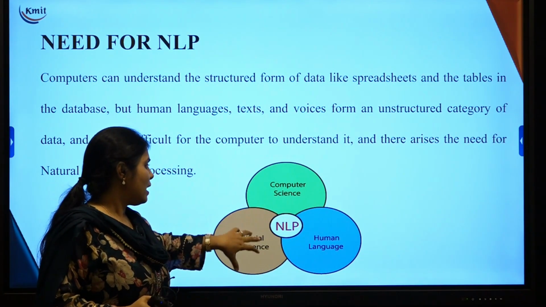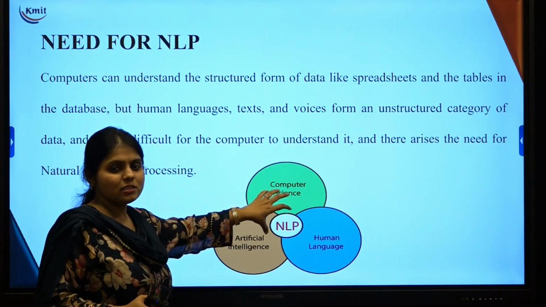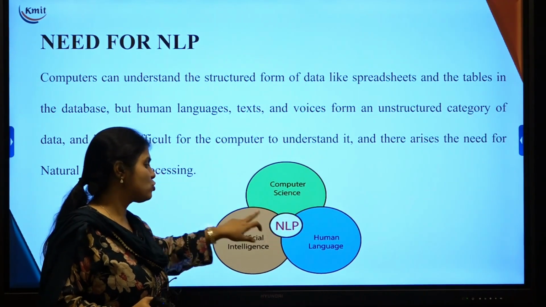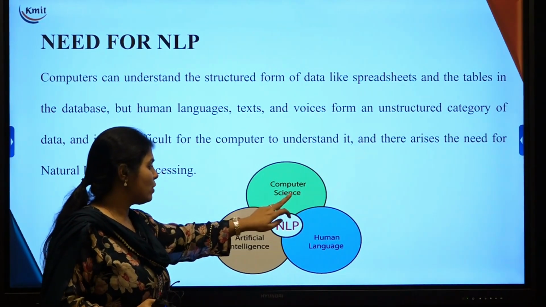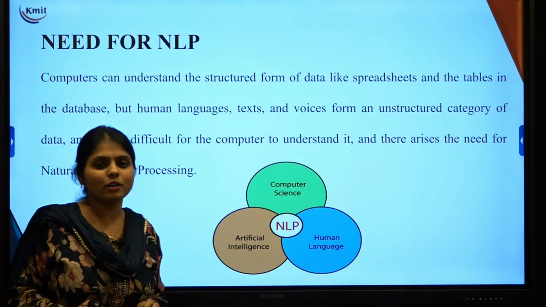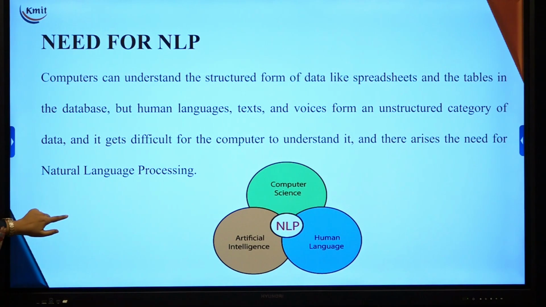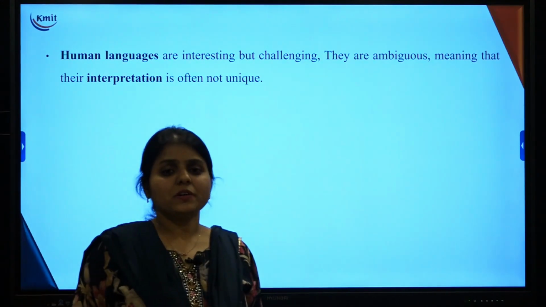So AI is a field of computer science in which human language helps to complete that picture. For processing this human language in the field of computer science, we make use of natural language processing. Human languages are interesting but challenging.